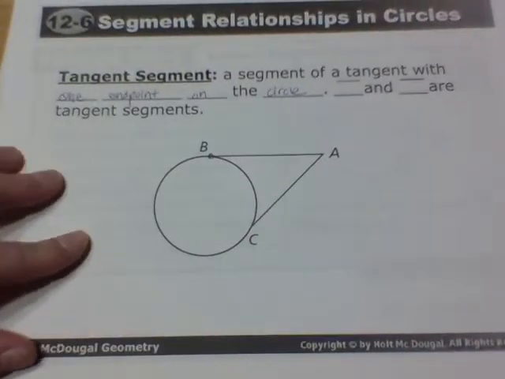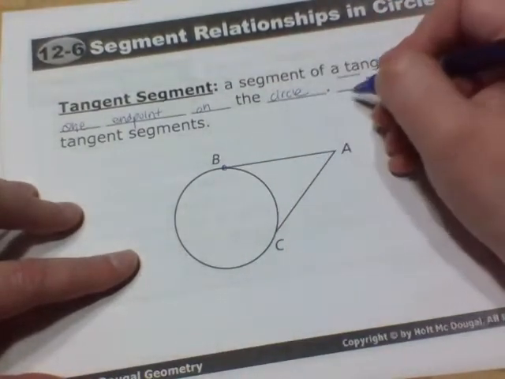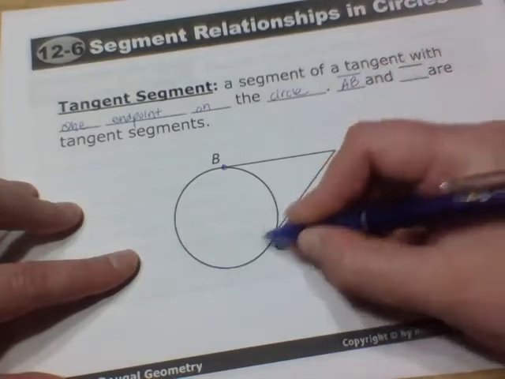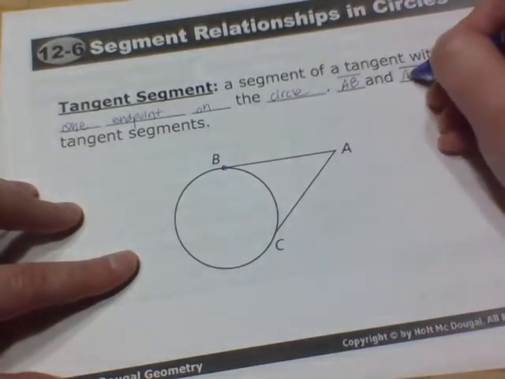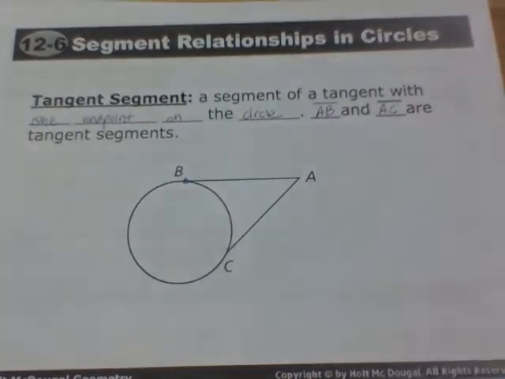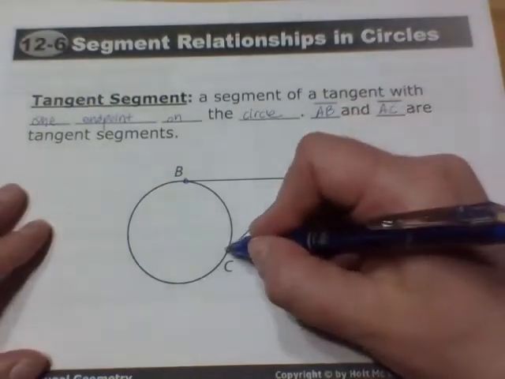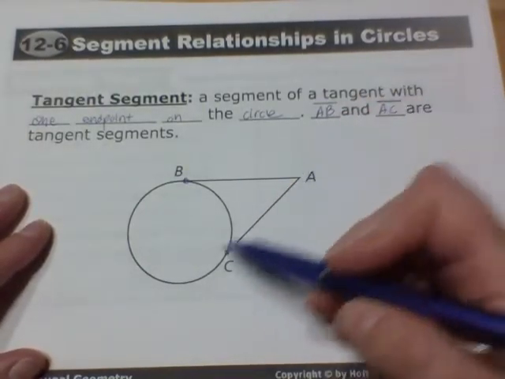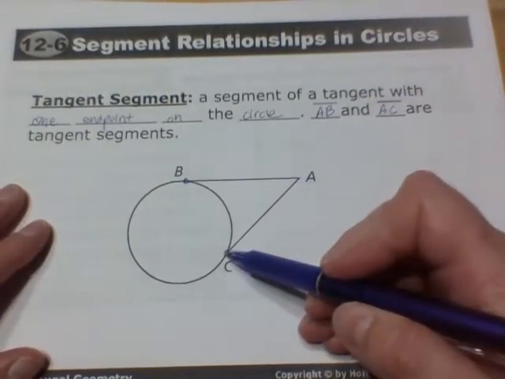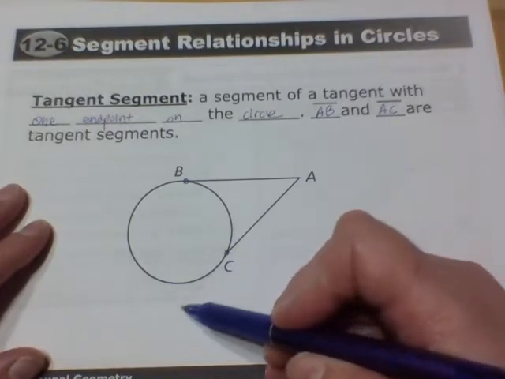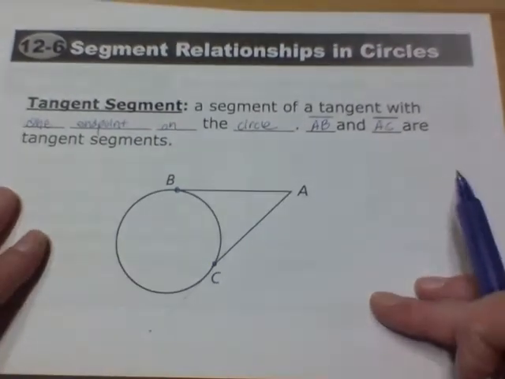And so in this case, we have A to B and A to C as tangent segments. Again, that's because these points potentially, even though it's drawn a little awkwardly, just touch the circle, and then the rest of the line starts continuing out after that.